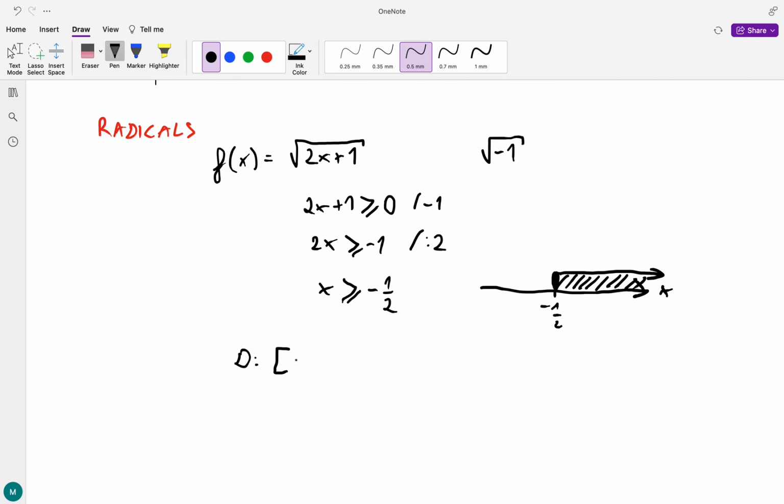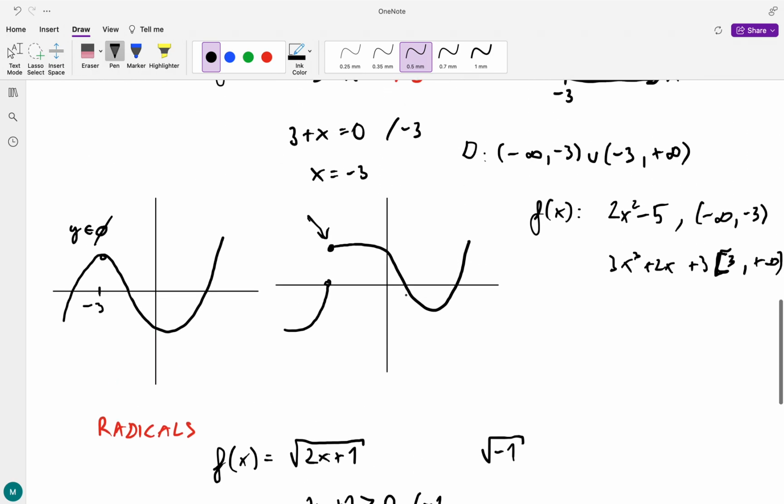So that first number is indeed included in the function. So from -1/2 and then to positive infinity. And infinity always gets a parentheses because it's an undefined number. It's some extremely large number that we can always add +1 to and make it greater. Okay, so that's how you find a domain of the function.